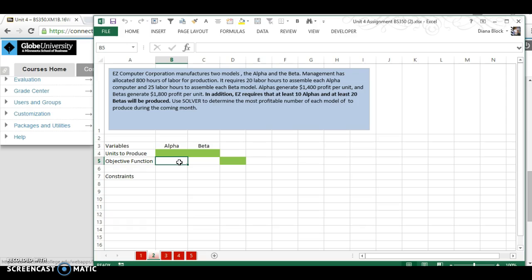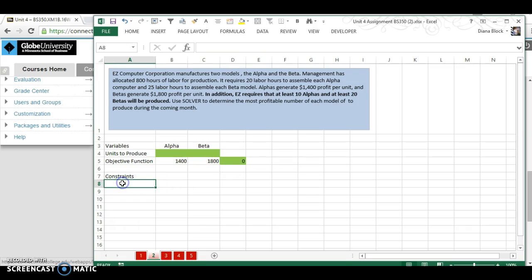So you'll read the paragraph and you're going to find out that it says that there is $1,400 profit per alpha, $1,800 profit per beta. So you're going to enter a sum product formula here to multiply whatever ends up being our number of units times the objective function of profit amounts.